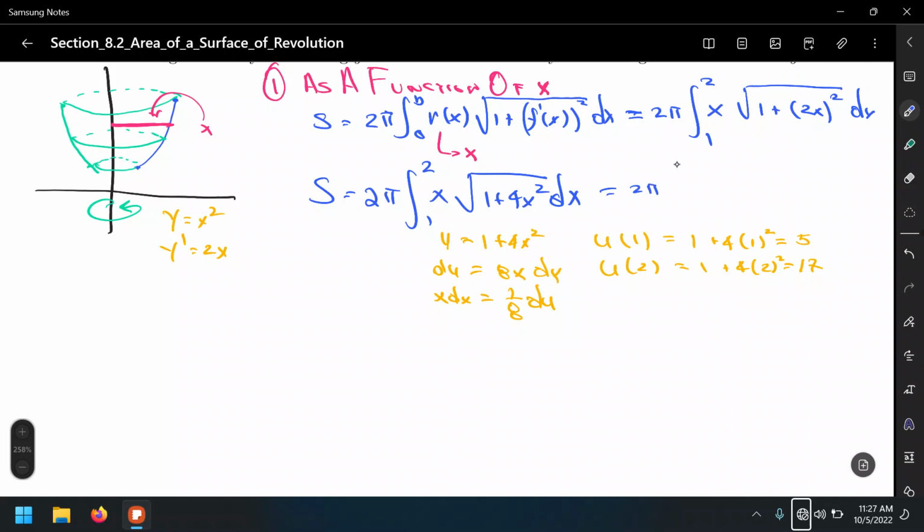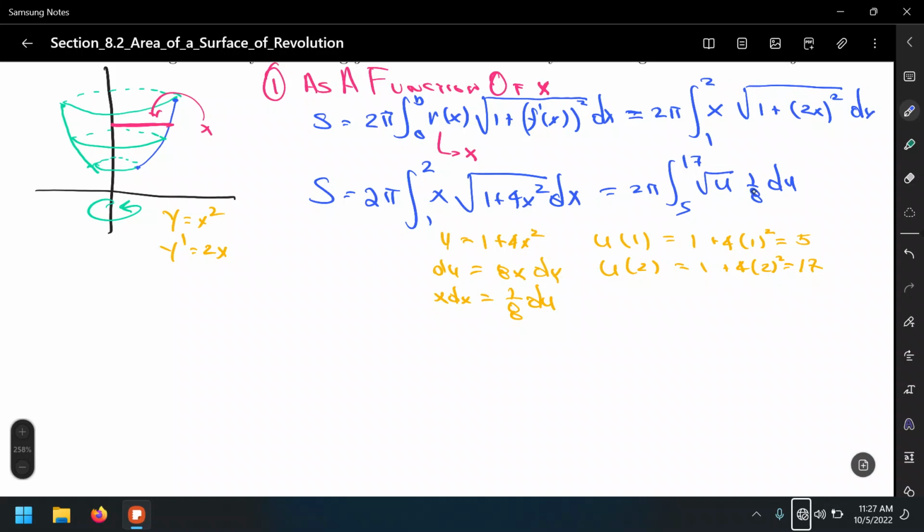That's 2 pi integral from 5 to 17 of x dx, which becomes 1/8 du, and the square root of the quantity u, which in this case is the expression that we got inside of the parentheses, which we set u to find the du. So there's a couple of things that we might want to do.